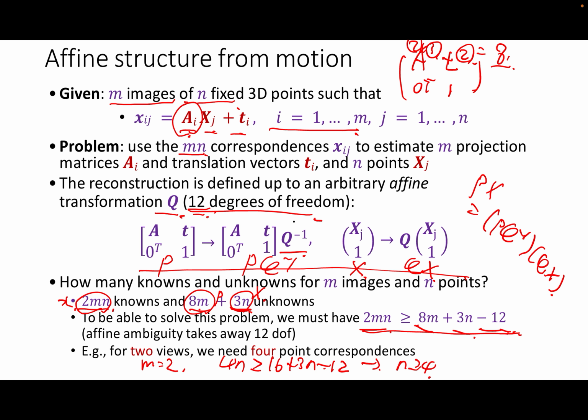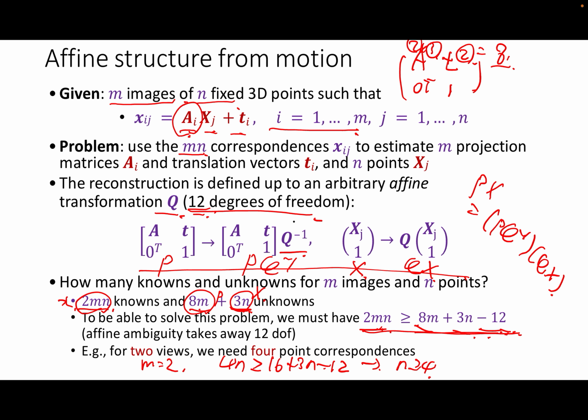So if we have two views, then we need 4 point correspondences in theory, right? What we know should be larger than what we do not know, and we need to subtract the affine transformation degrees of freedom because our algorithm has affine transformation ambiguity.